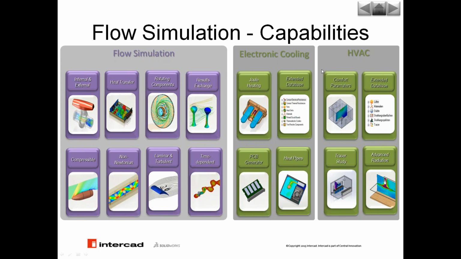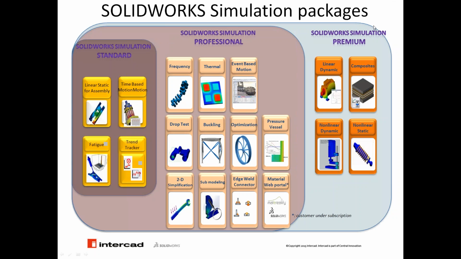And any study of this kind can be simply linked to our FEA package as well, where you have your CAD parameters, you have the flow study, and we do have the structural response here. You can either use linear static studies or the capabilities of Professional, such as frequency, thermal, buckling, or drop tests, also accessing linear or nonlinear dynamic studies here.